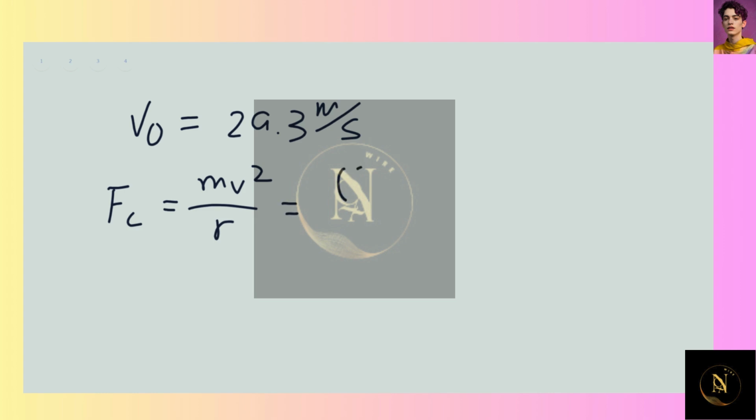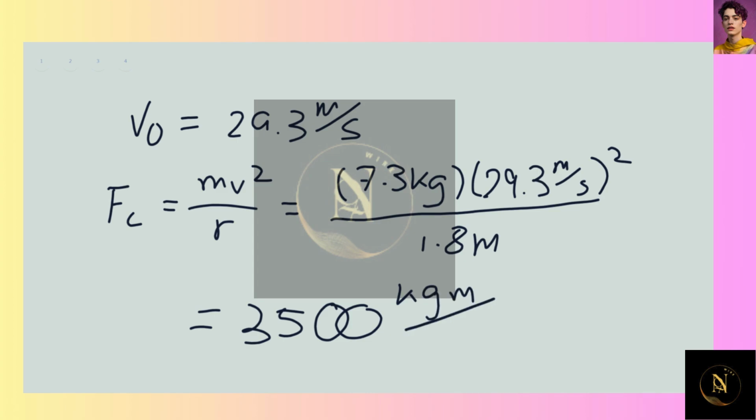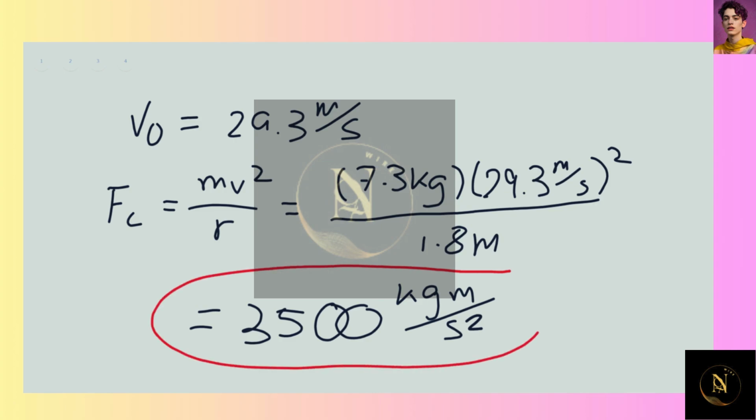We know the mass of our hammer, it's 7.3 kilograms, multiplied by our velocity that we just found, squared, and dividing by our radius, 1.8 meters. And we find that that is equal to 3,500. Our units are kilograms meters per second squared, which makes sense since those are newtons, the units of force. So we know that our answer makes sense, and that is our final result.